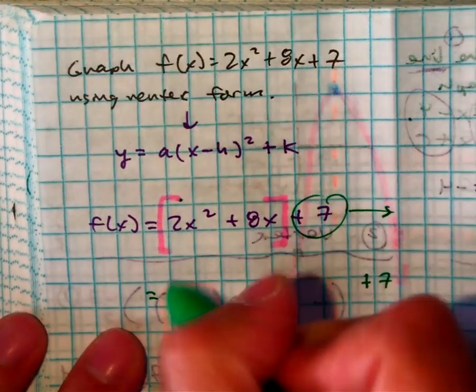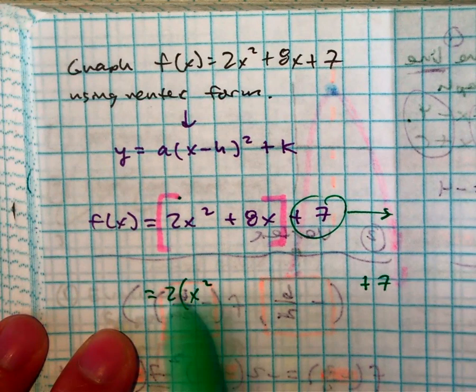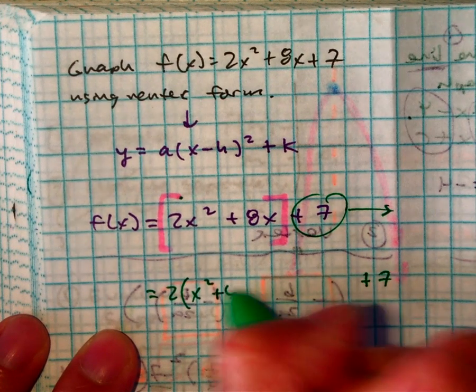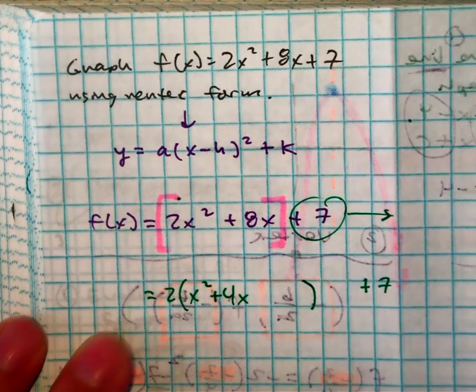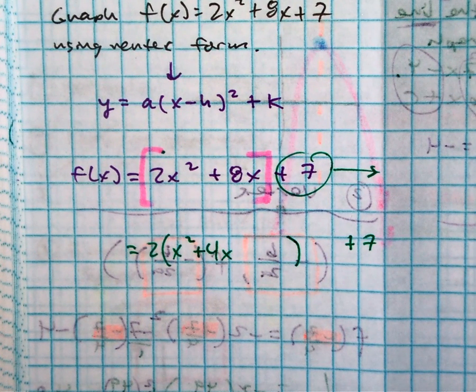So I have 2 times x squared. If I factor out a 2, this one will become what? Plus a 4x. I'm going to leave it just like this. Talk to your partner in 7 seconds.